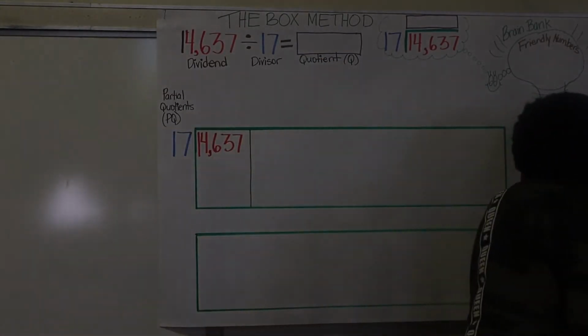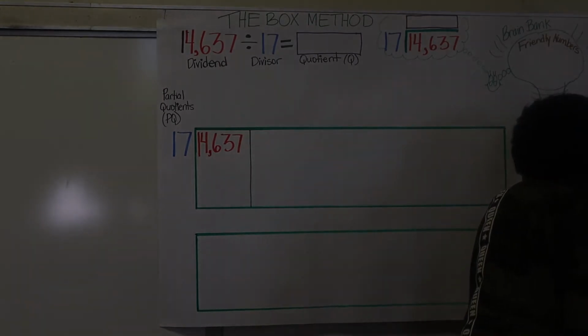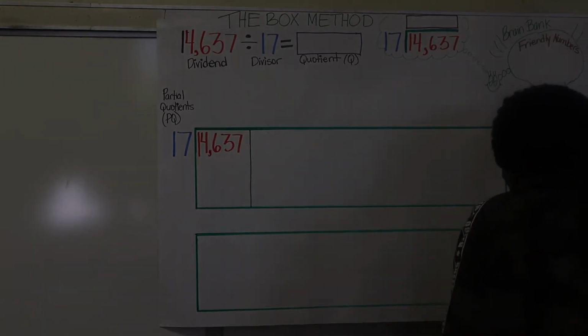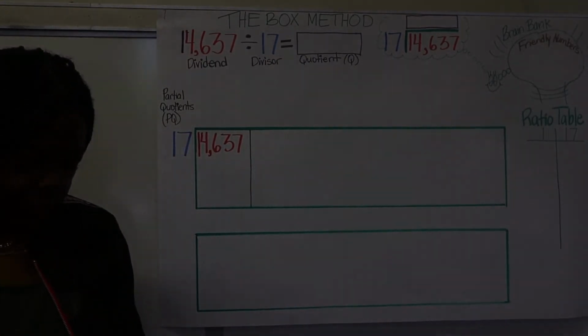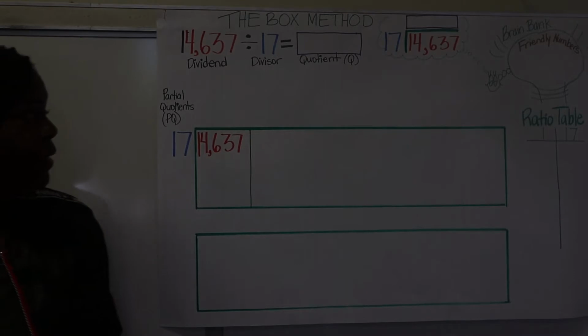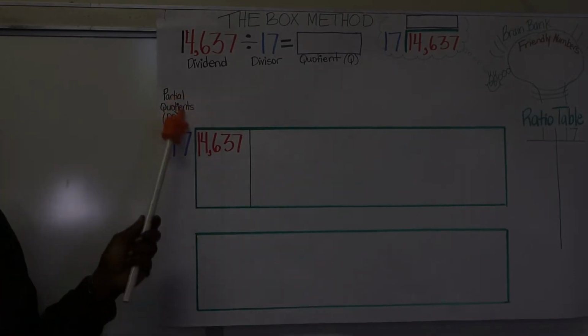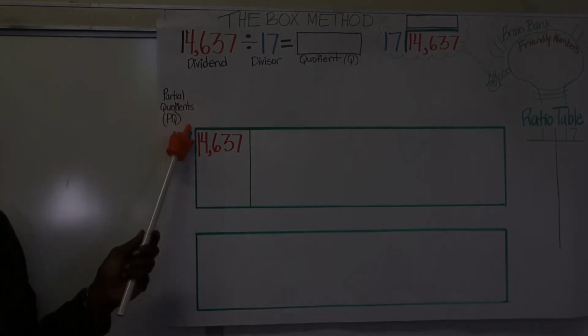And so, which strategy are we discussing using right now? The box method. In this box method, the main thing we need to remember is that we're using partial what? Products. Not products. Quotient.